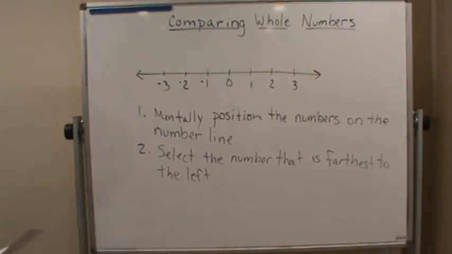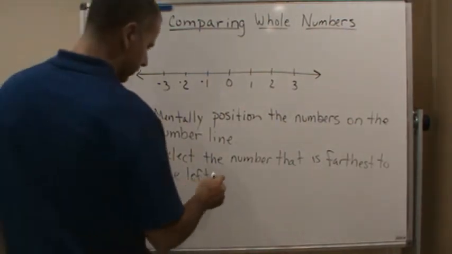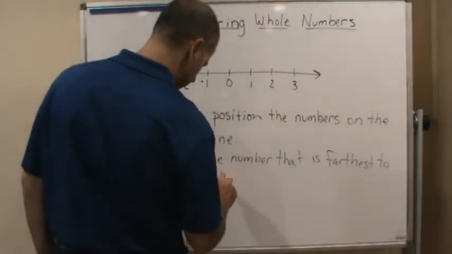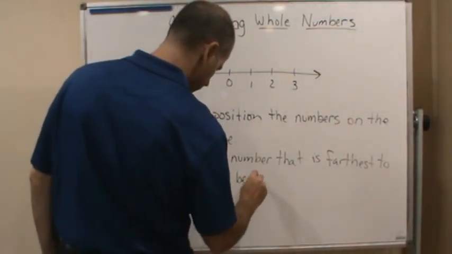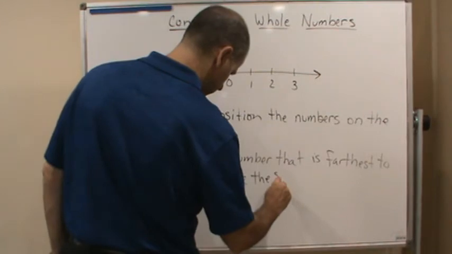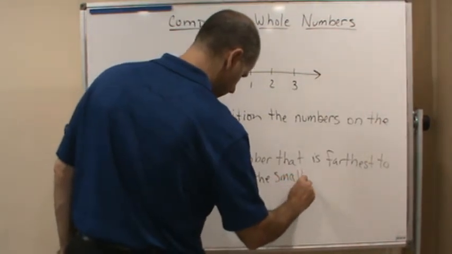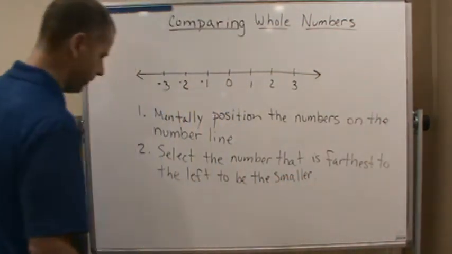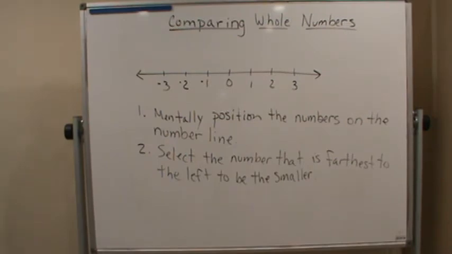This is going to be the smaller number. Okay, so that's step two.